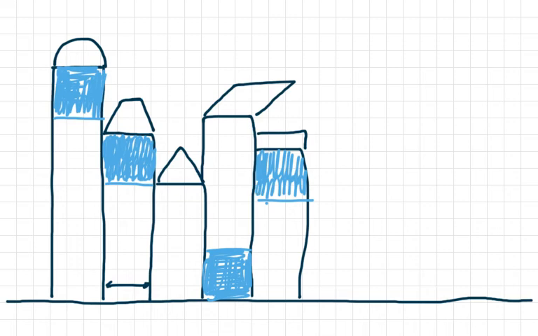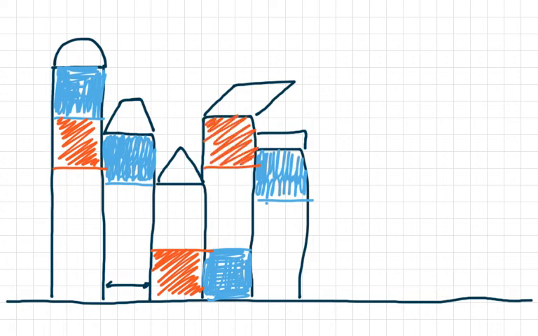All right, so then I'm going to do a red here. And then I'm going to do a red here. And maybe I'll do a red here. All right. I'm going to do an orange here. And perhaps an orange here.